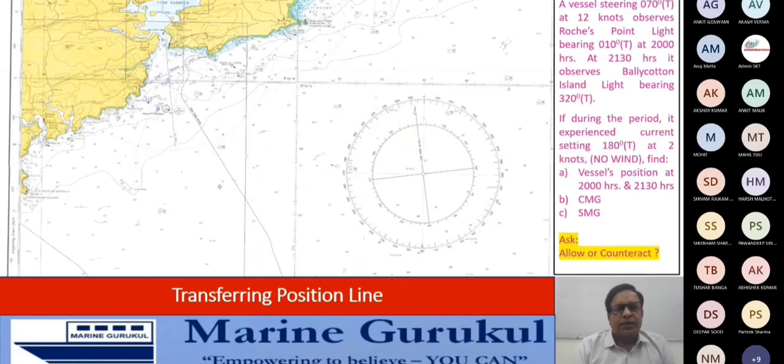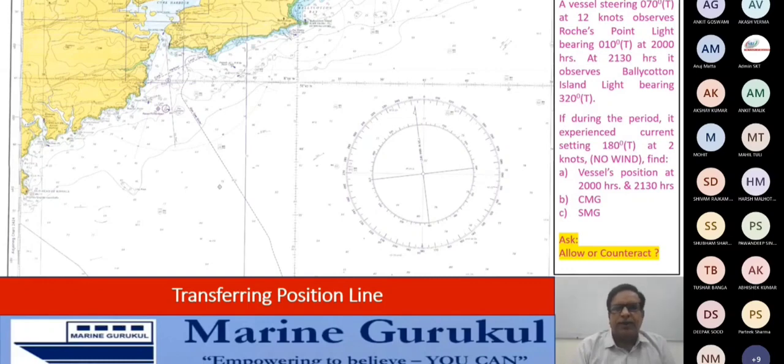Now, let's take up the questions. Same problem, only thing is this time no wind, but experiencing current. A vessel steering 070 degrees true at 12 knots observes Roche's Point light bearing 010 degrees true at 2000 hours. At 2130 hours, it observes Pellicotton Island light bearing 320 degrees true, same as earlier cases.